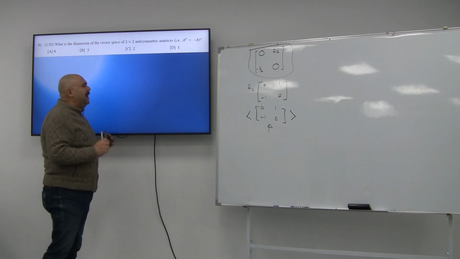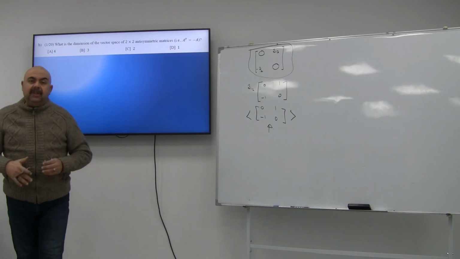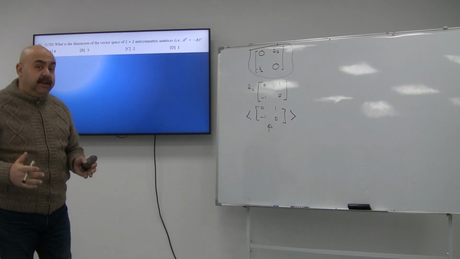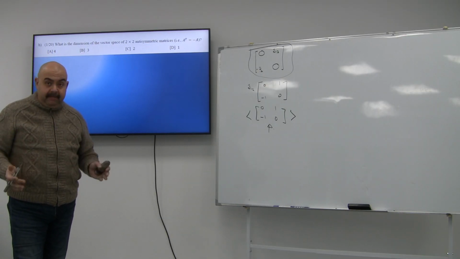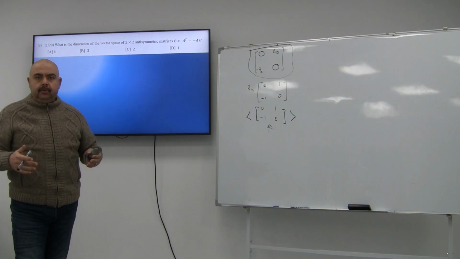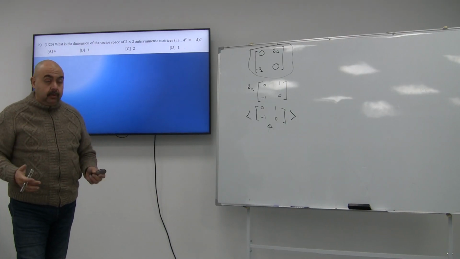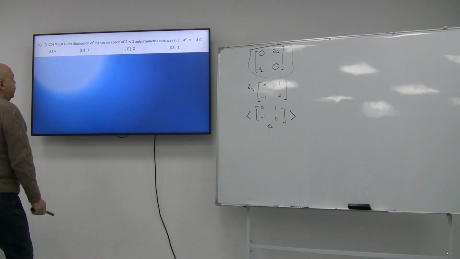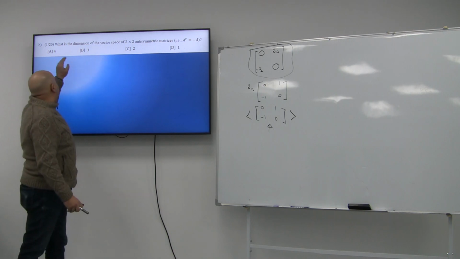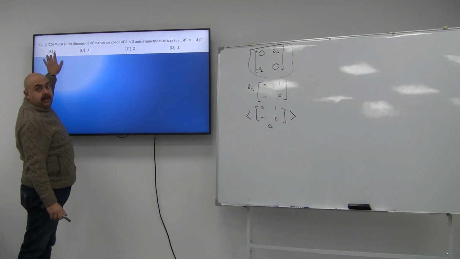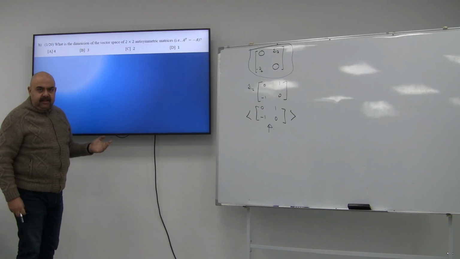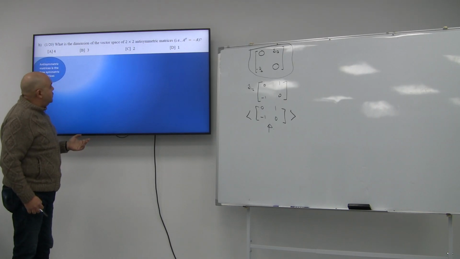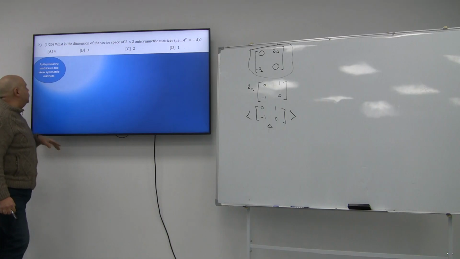Remark: this is a little bit tricky question, because once you say I need the dimension of an n by n square matrix space, it's going to equal n to the power of 2. So if I have a 2 by 2, it means I'm in dimension 4. But he stated that this is a specific case where you have anti-symmetric matrices.